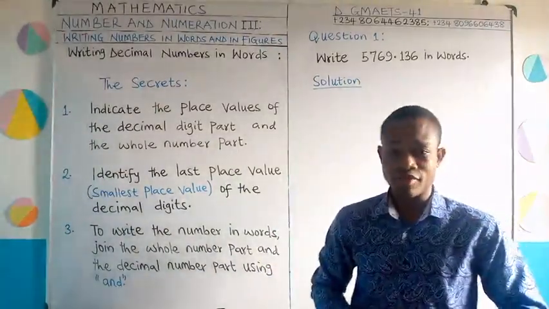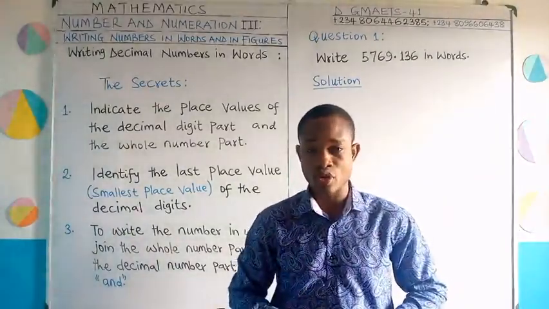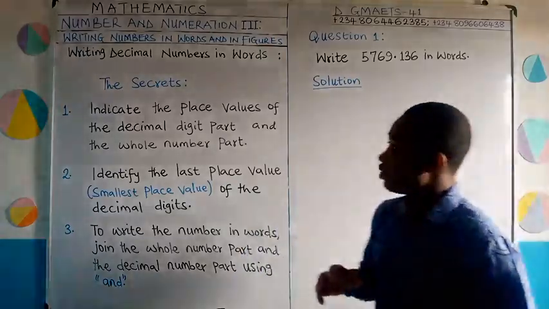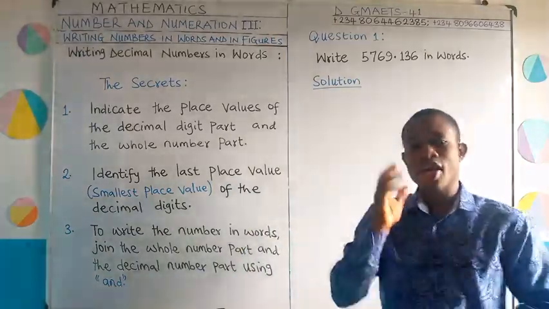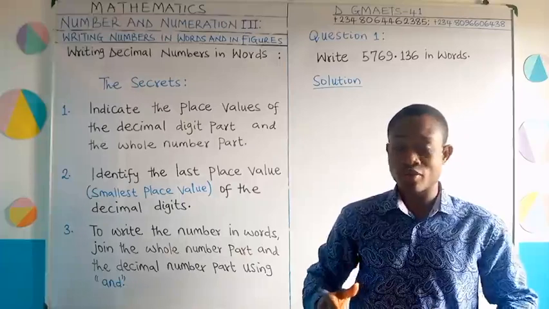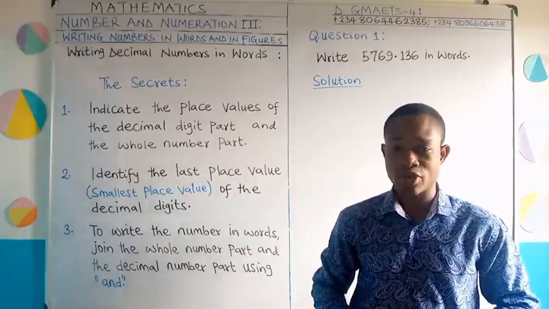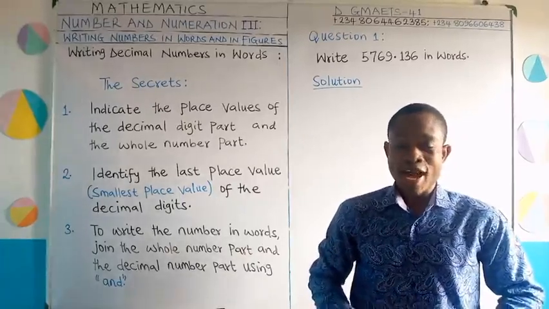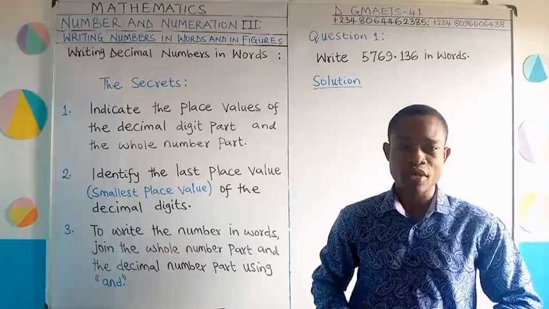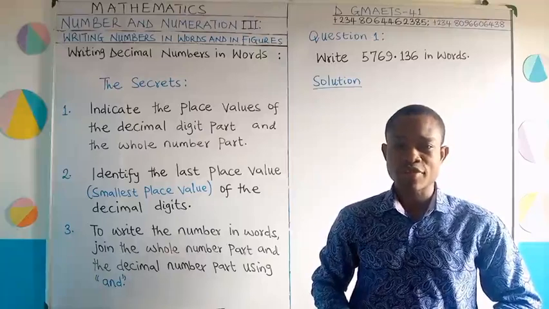And I believe that you learned when I taught you place values of decimal digits. Now, we are going to use that knowledge to see how we can write decimal numbers in words. And on the board here, as usual, I have the secrets for you.